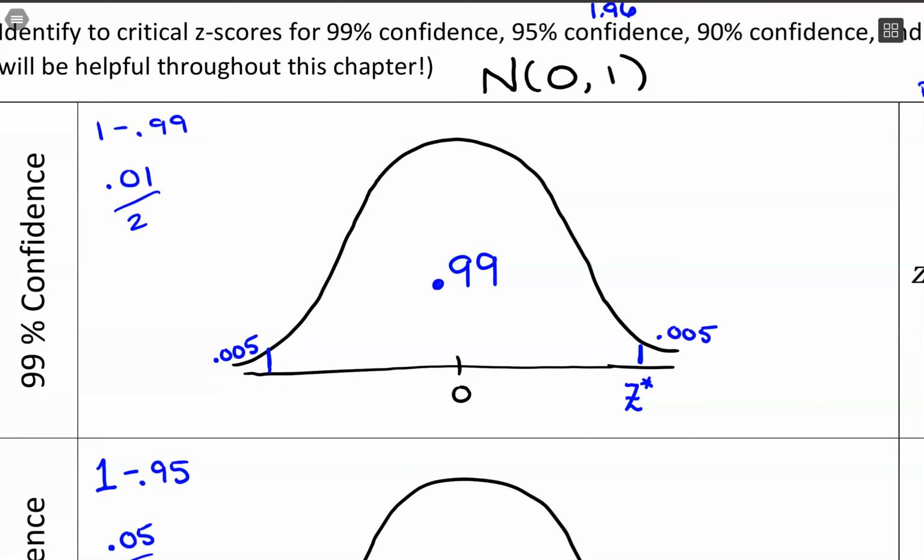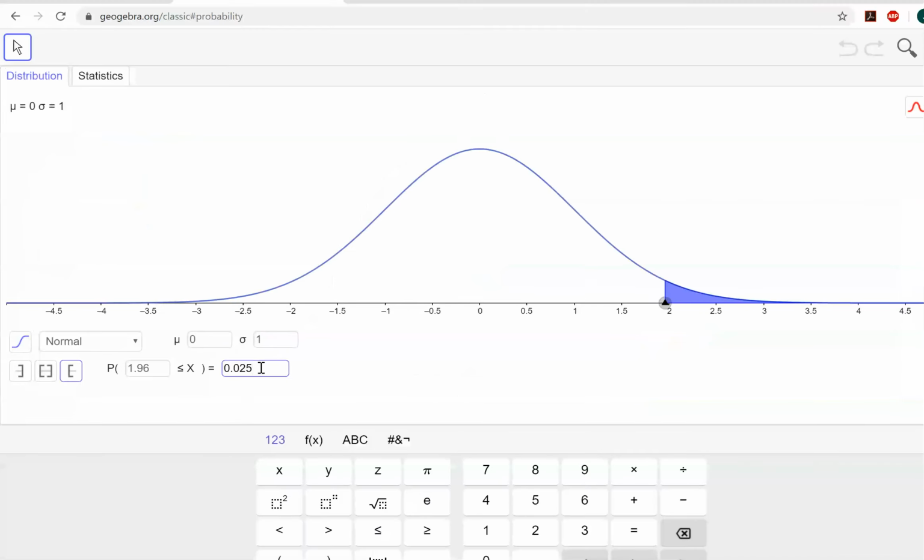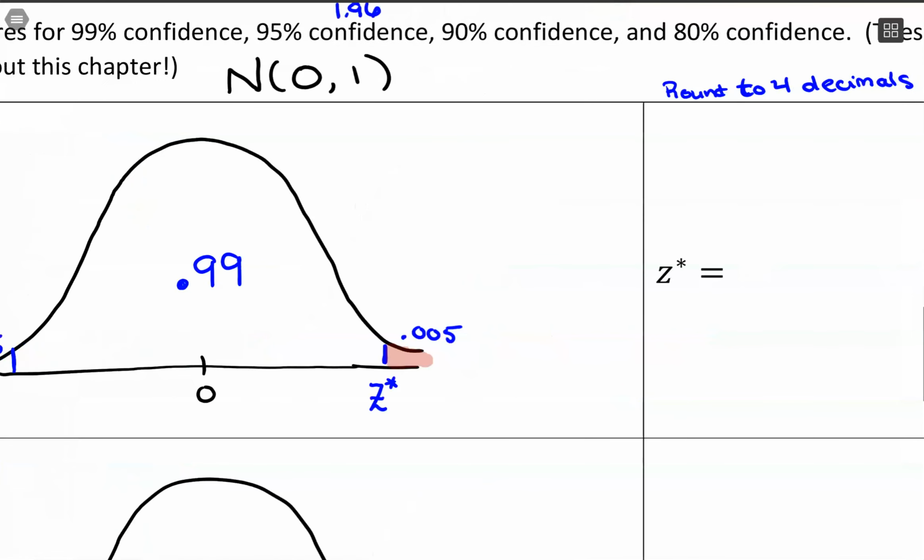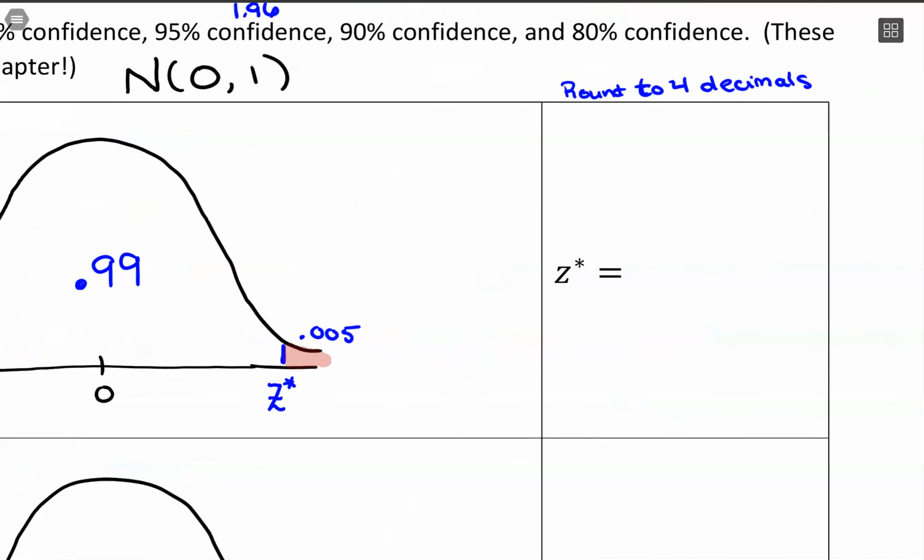So what I'm going to do to find that z-score is that lines up with this spot that has 0.005 to the right-hand side. So I'm going to just change that area to 0.005, and that's a 2.5758. So if we need a 99% confidence interval, that'll be our critical z-score.